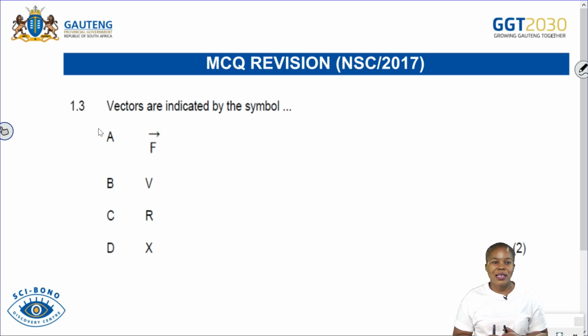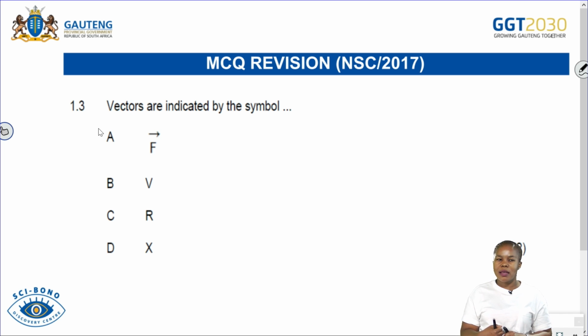Still continuing on the same paper, NSC 2017 Grade 11, 1.3 reads as follows: vectors are indicated by a symbol. Which one is correct? Remember, vectors are physical quantities that have both magnitude as well as direction.